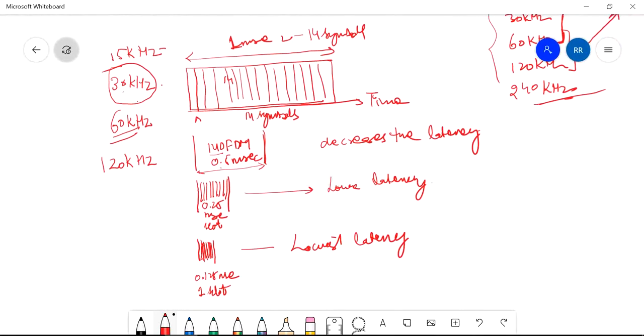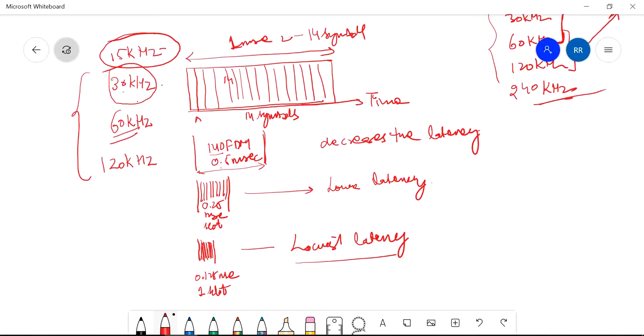This is the difference between LTE and 5G: in LTE, 15 kilohertz subcarrier spacing is fixed, but in NR we have flexible numerology. So by increasing the subcarrier spacing, we can decrease the slot size and decrease the latency, and if we decrease the latency, obviously the throughput will increase, right?